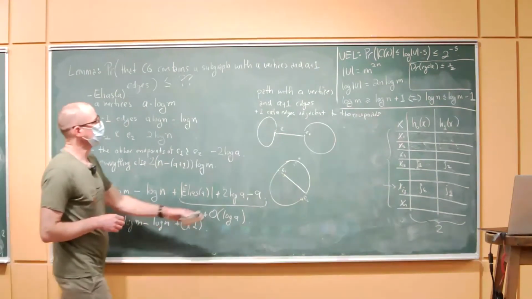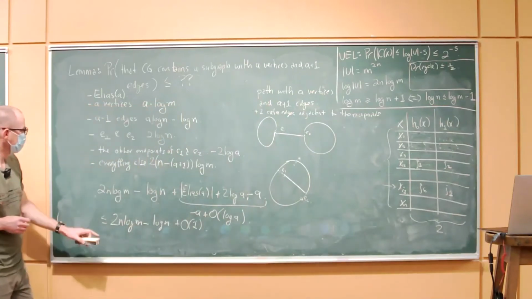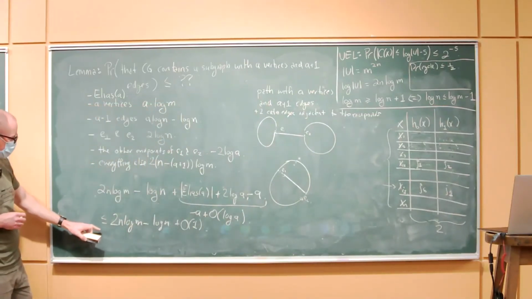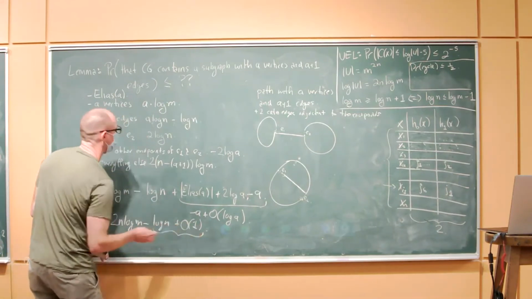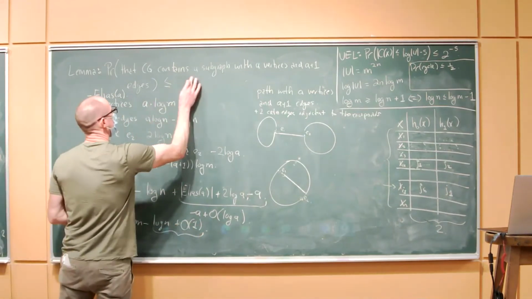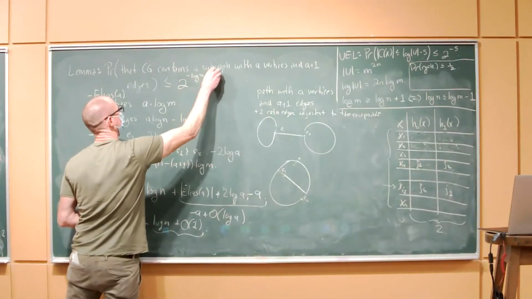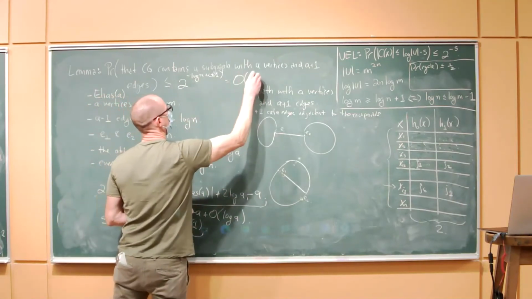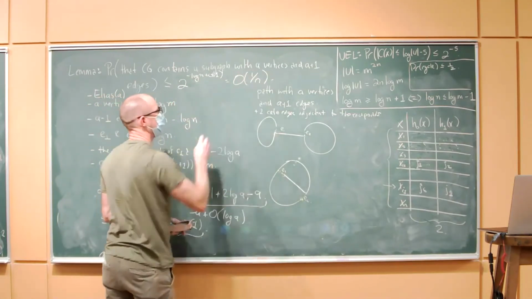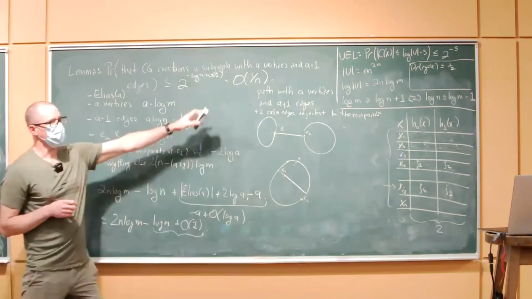Which then, if you apply this, means the probability that this happens, this is your S, is 2 to the minus log n plus O of 1, which is O of 1 over n. Okay. So this is quite unlikely to happen.